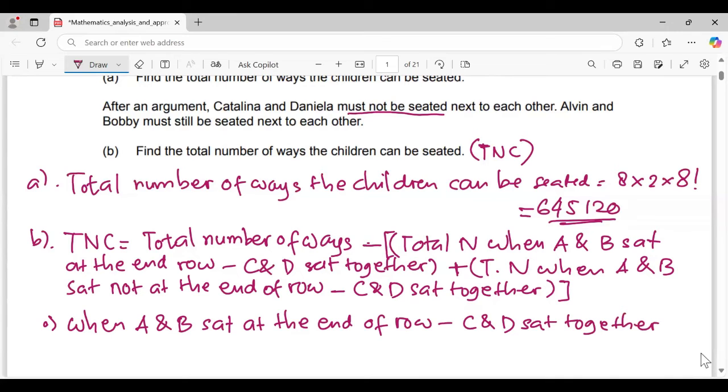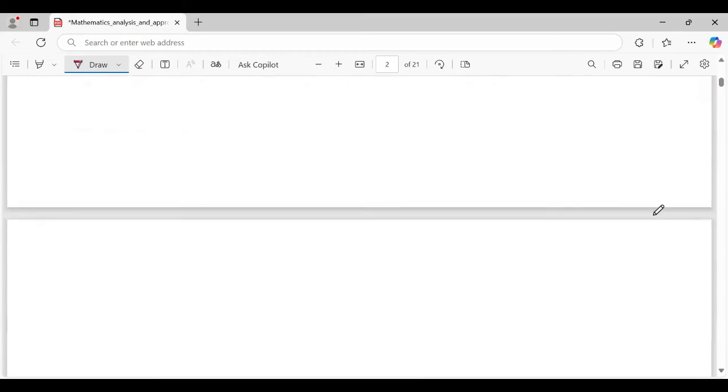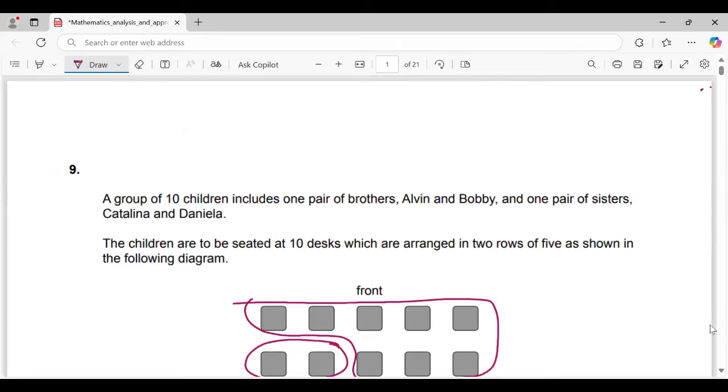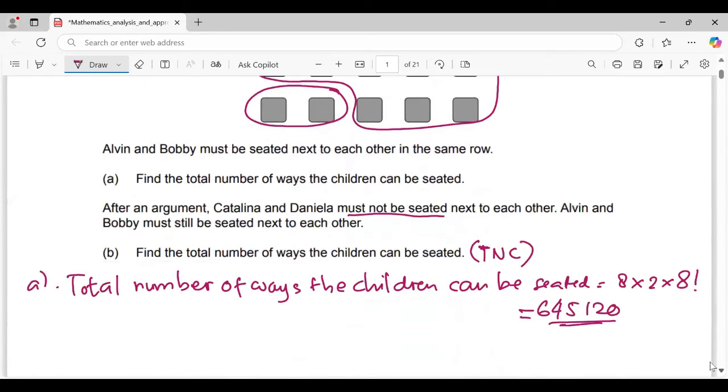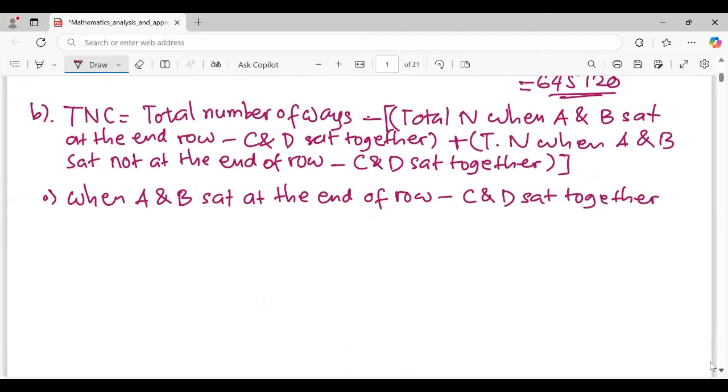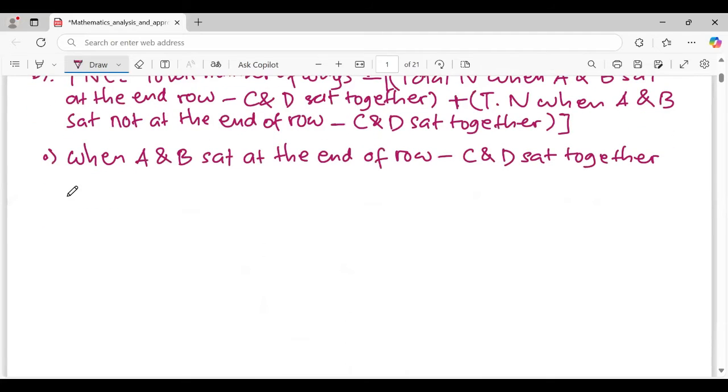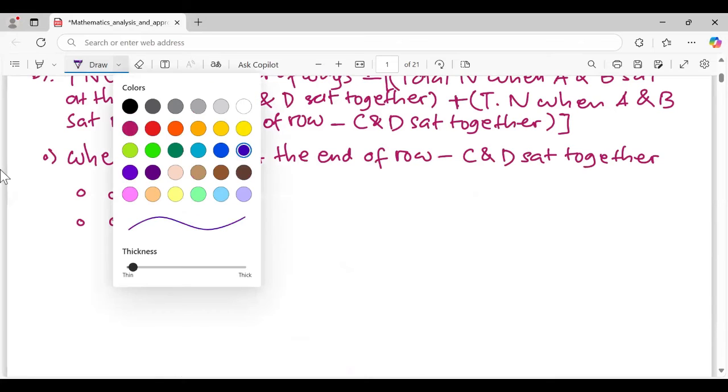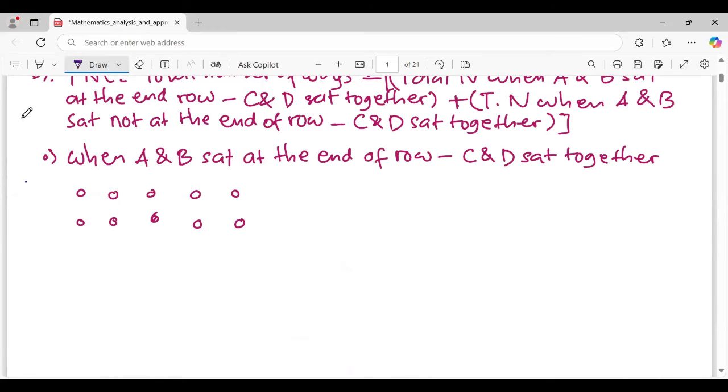I like to sketch the condition, the arrangement of desks.